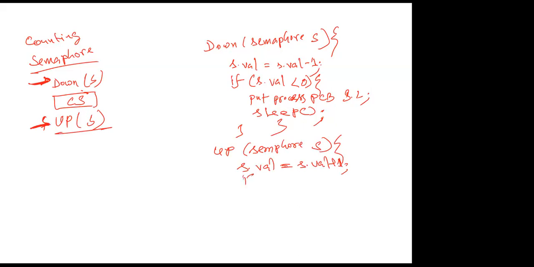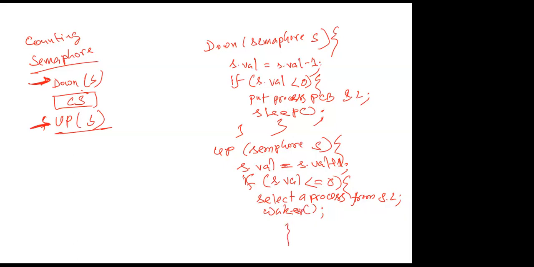Next it will check if s.val is less than or equal to 0, meaning that a process is inside the queue list. Then it selects a process from s.l and calls the wakeup function for waking the process.